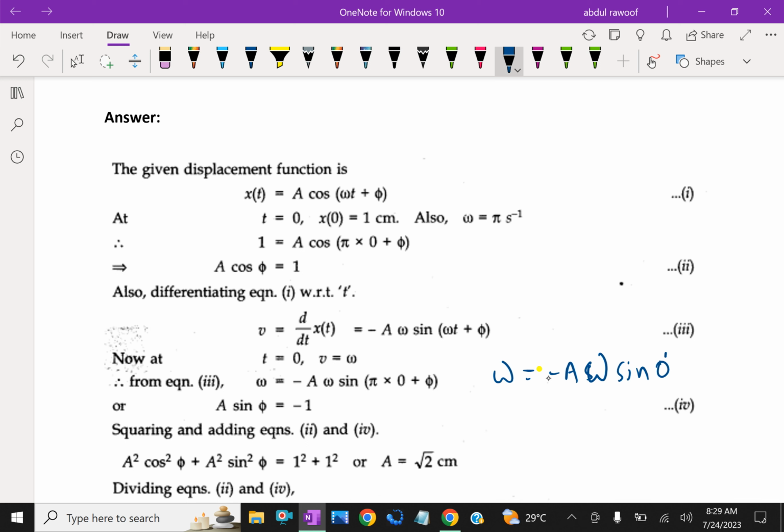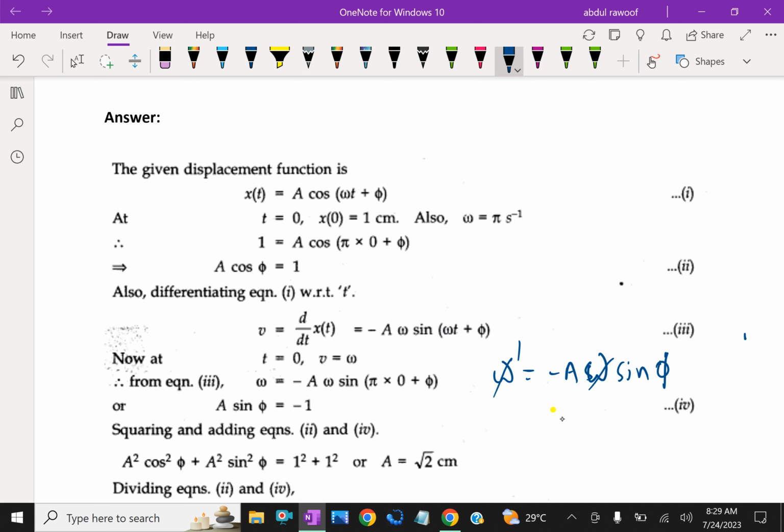Because we are substituting 0 here, ω is cancelled on both sides and becomes 1.